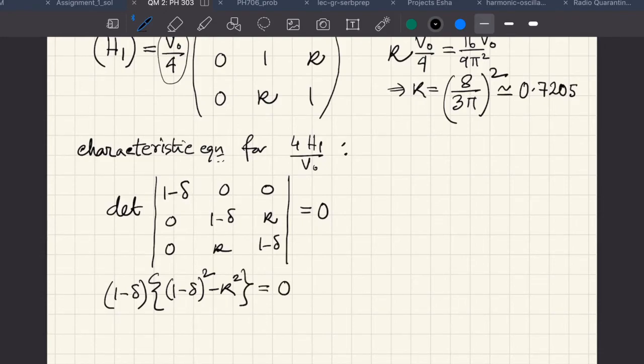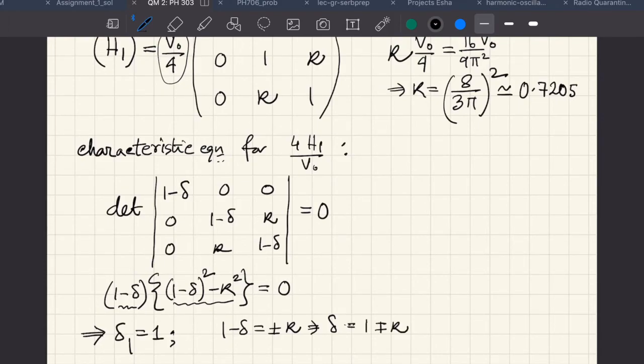This immediately gives us the solutions for the eigenvalues. One value of delta will be 1; this is from the first factor. Delta 1 equals 1. And then another will come from the second factor equal to 0. That means 1 minus delta is equal to plus or minus kappa. So delta should be 1 minus or plus kappa.